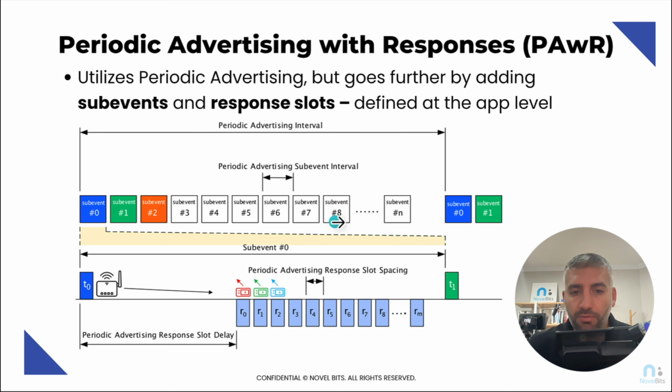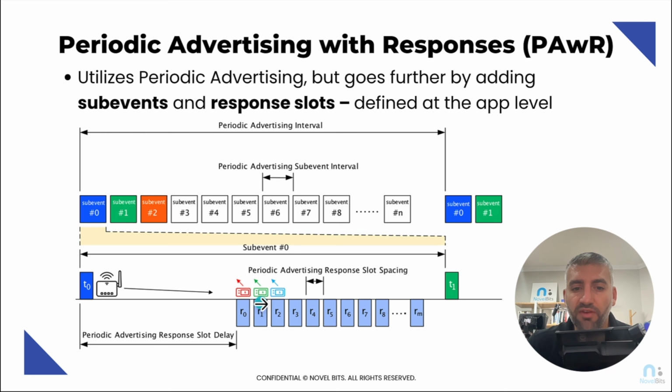But we have a number of sub-events, and within each sub-event, this is where it gets kind of interesting. We have the advertising device sending only one packet. And then after a specific period of time, there are going to be what's called response packets. So the system will be defined in a way such that we have a number of response slots that are defined. And these are assigned during commissioning, during provisioning, the configuration of the deployment, of the installation.